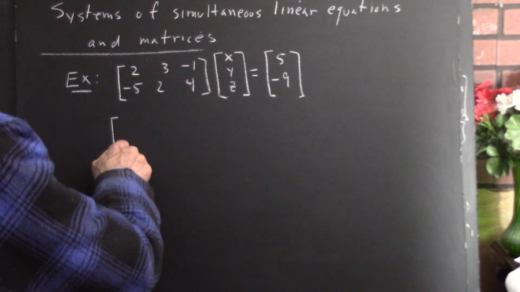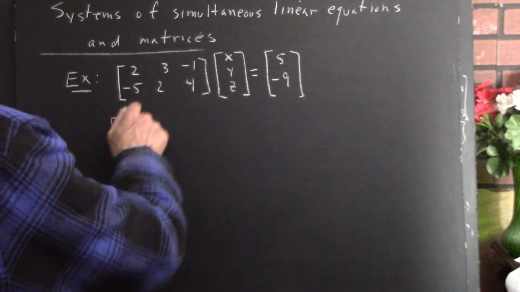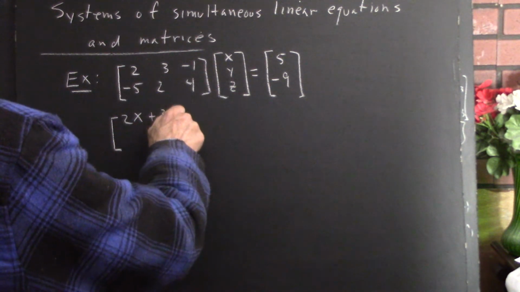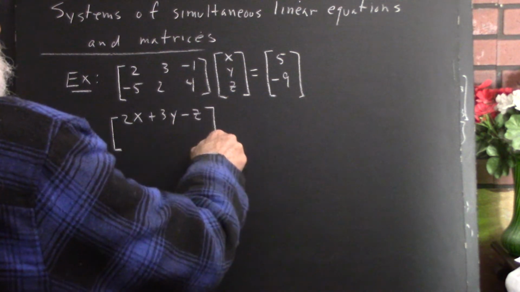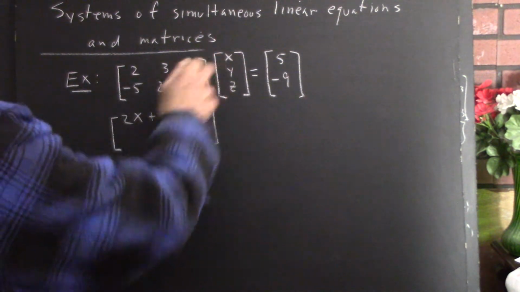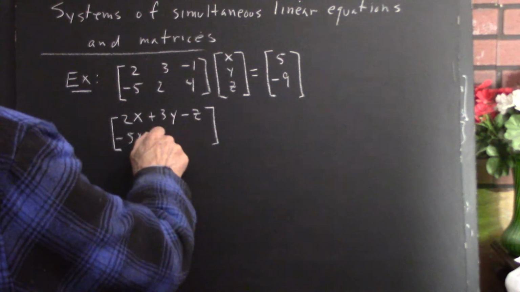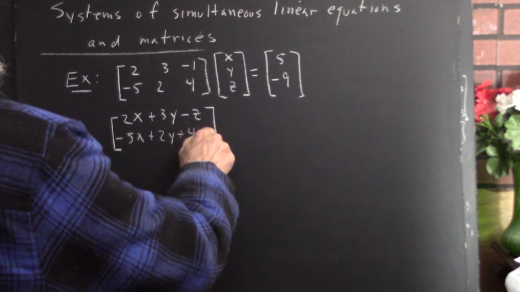If I multiply here on the left side, 2 times x is 2x, 3 times y is 3y, negative 1 times z is negative z. Negative 5 times x is negative 5x, 2 times y is 2y, 4 times z is 4z.